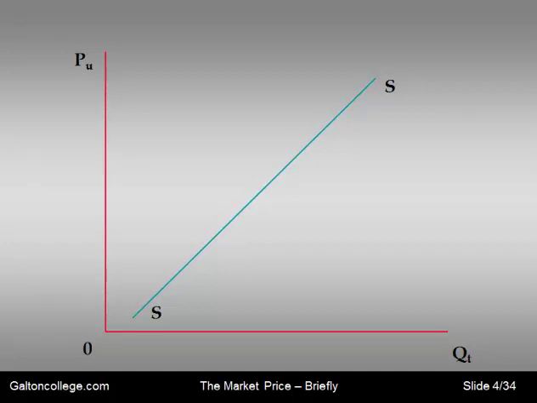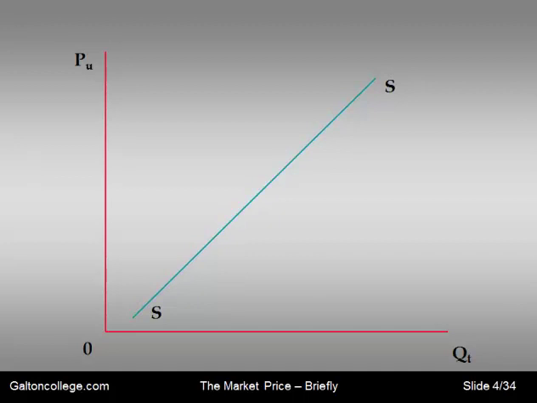There are technical relationships here as well, which we are not going to get into, but I'll mention just for completeness. The supply curve is actually the upward sloping marginal cost curve for a company operating under conditions of perfect competition.